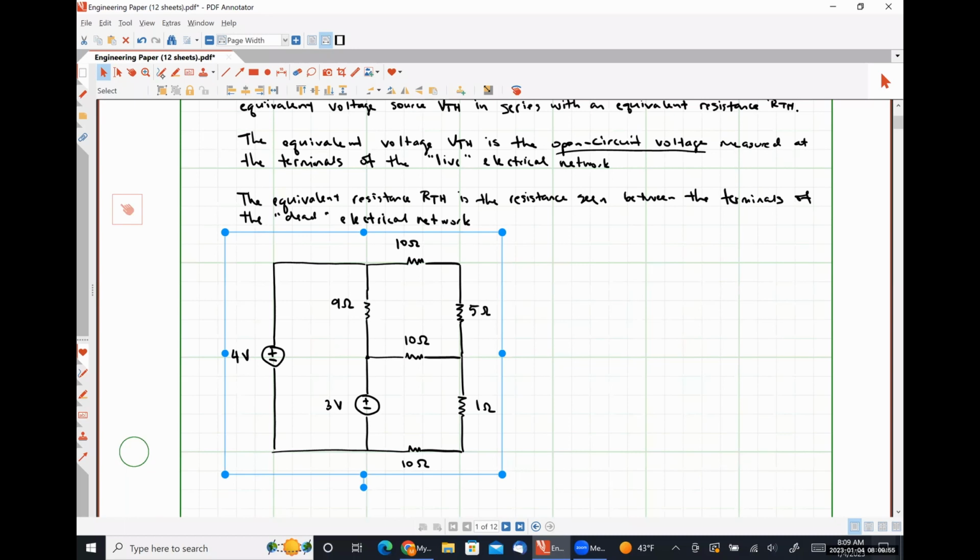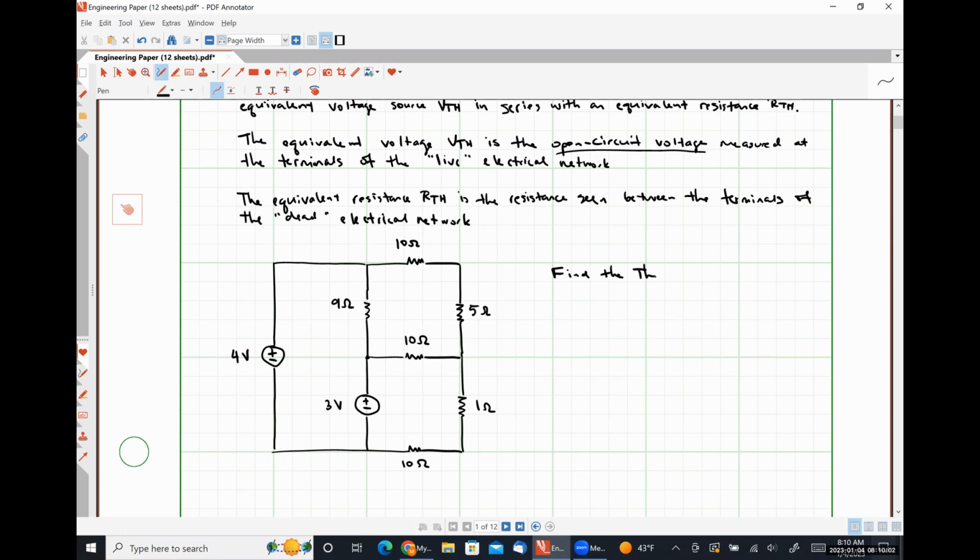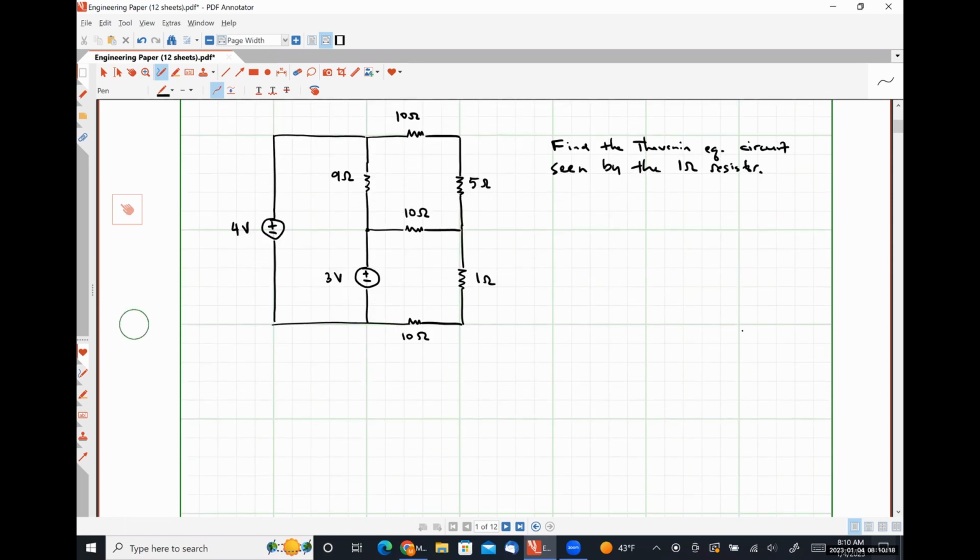So I'm going to write that down. And we're going to go through the steps that we need in order to determine the Thevenin equivalent resistance.